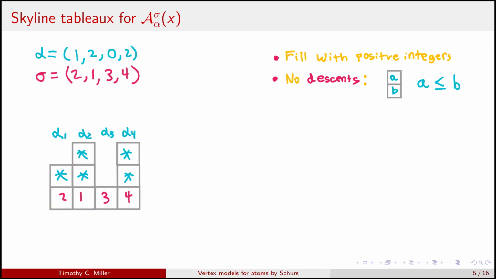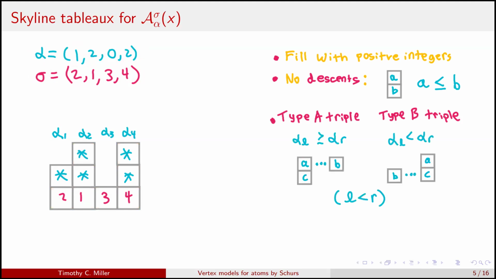Then there are some tricky conditions on triples, which I don't want to put too much time into, but basically there are these two types of triples. If you have the left column greater than or equal to the right column, and you see this configuration, then that's a type A triple, and similar for a type B triple.